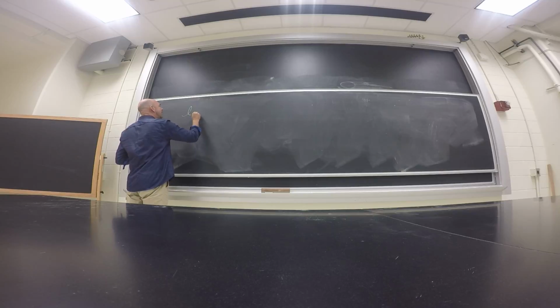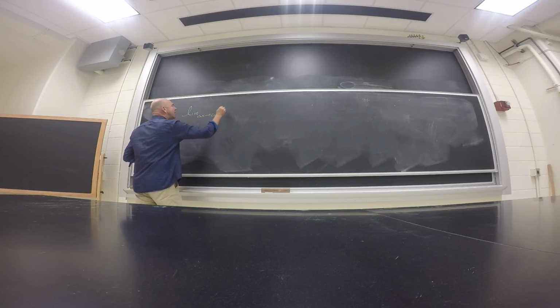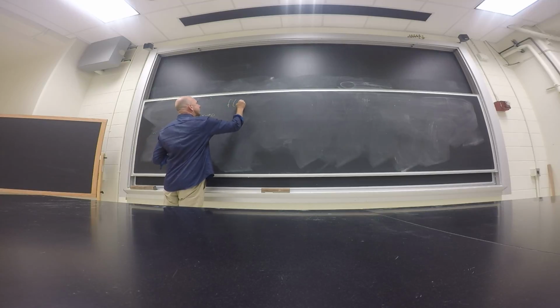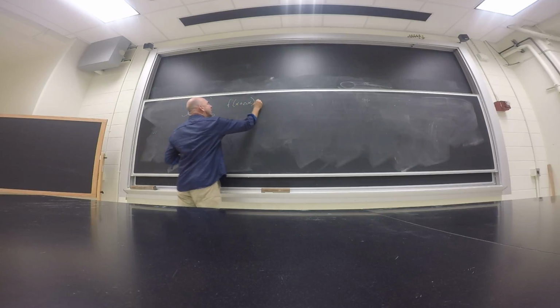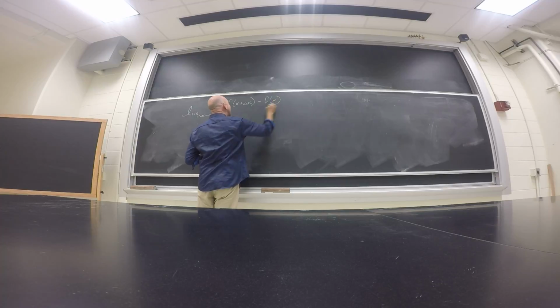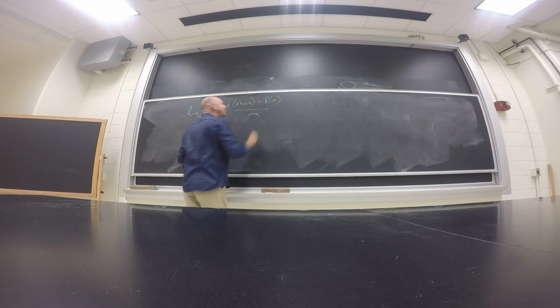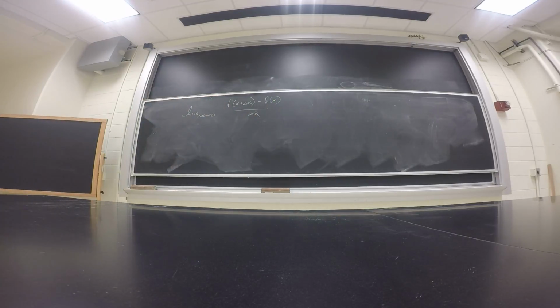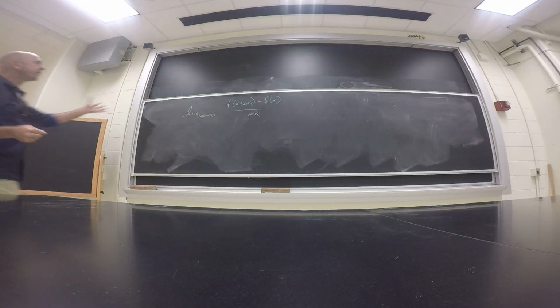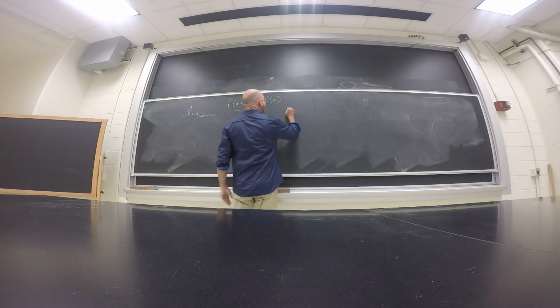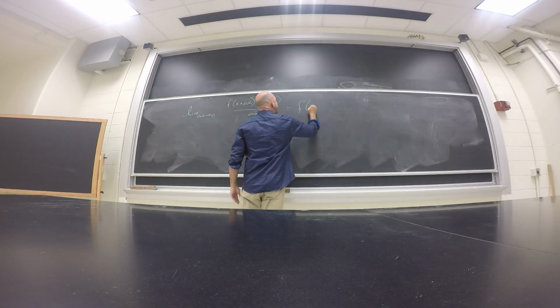You did the limit as delta x goes to 0 of f of x plus delta x minus f of x, over delta x, and this is f prime of x.